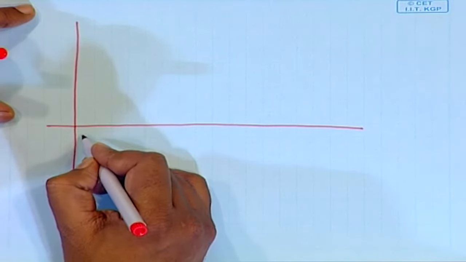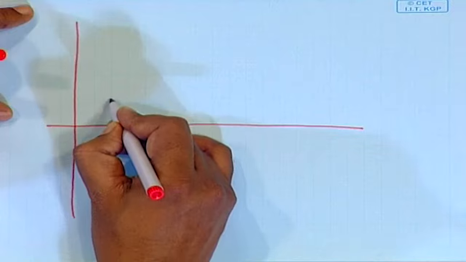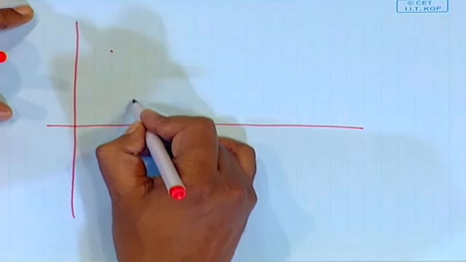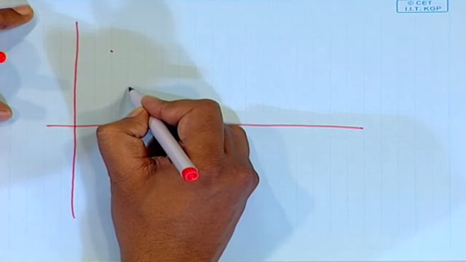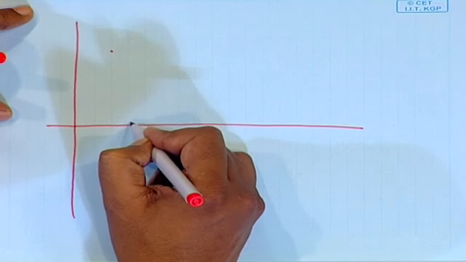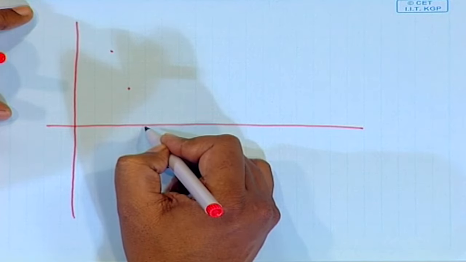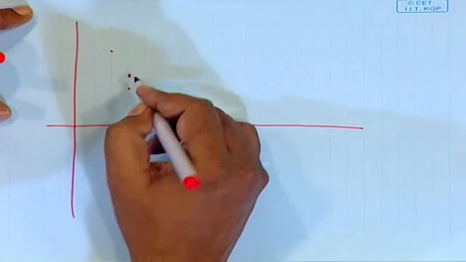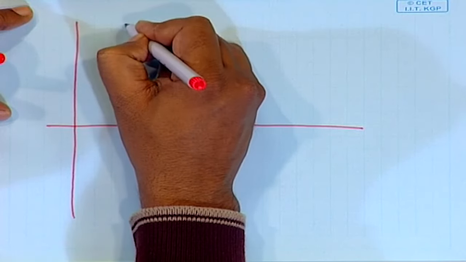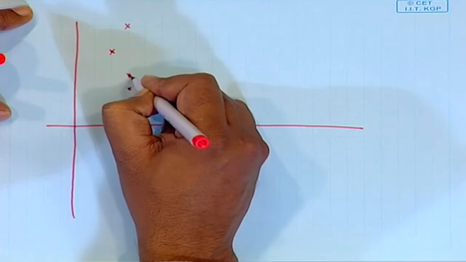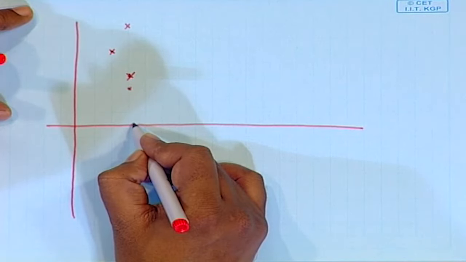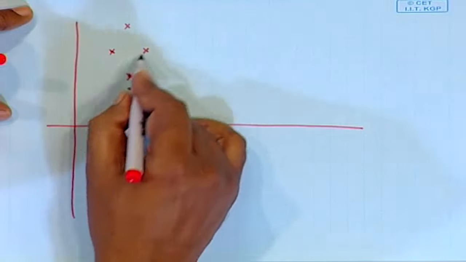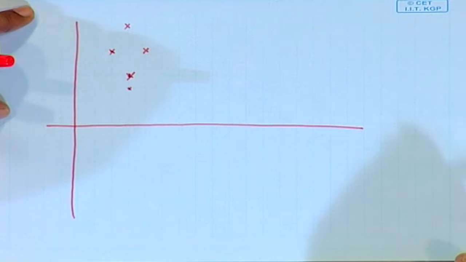So I have points (2, 6), then (3, 4), (3, 8), and (4, 6). So these are the points which belong to class omega 1.